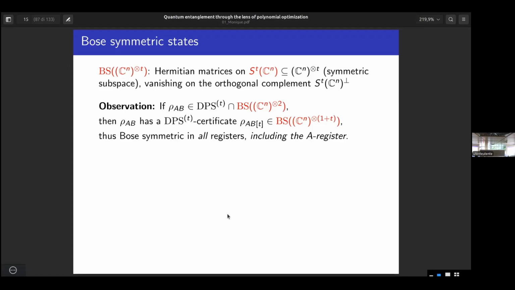Which means that not only the T copies of the B register have this bosonic symmetry, but all the T+1 copies have the symmetric property, including the L register. This also means that bosonic symmetric bipartite states which are separable are going to be conic combinations of states of the form XX star tensor XX star. So for the second, you take X equal 1.